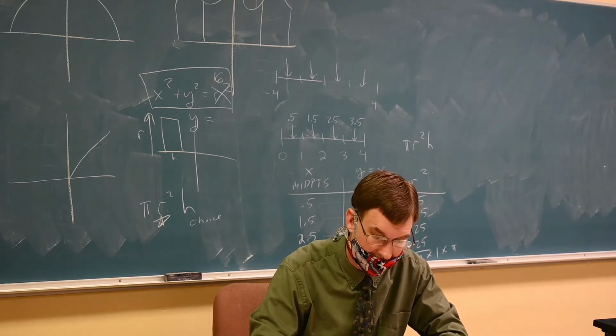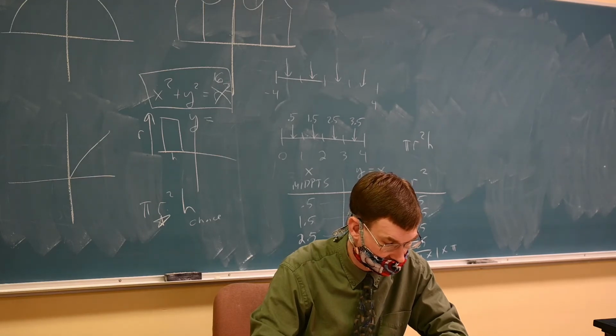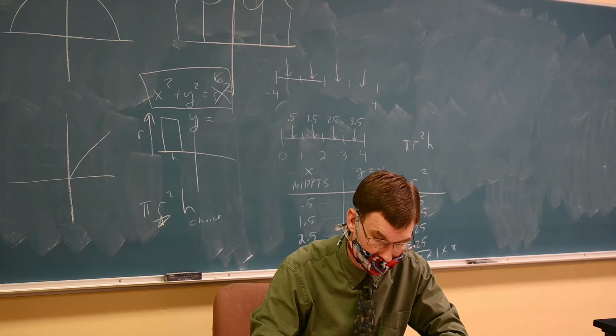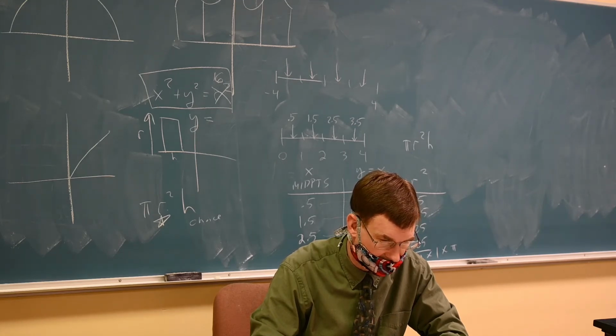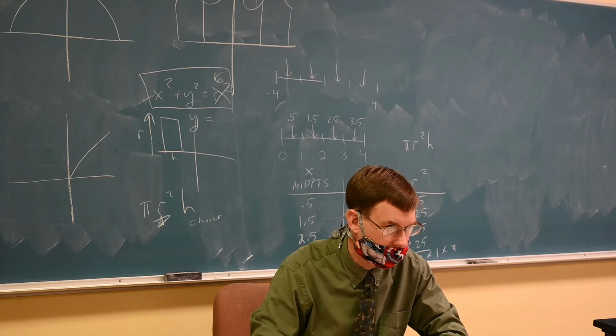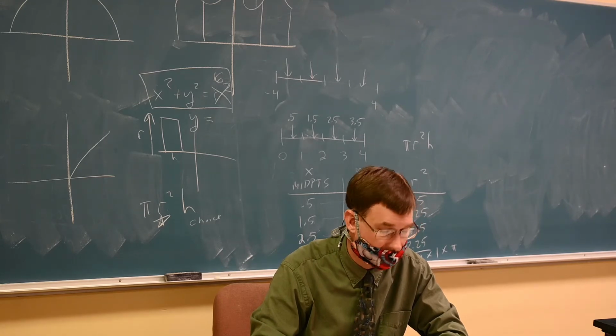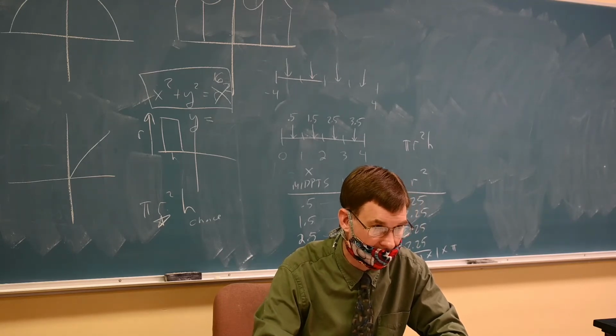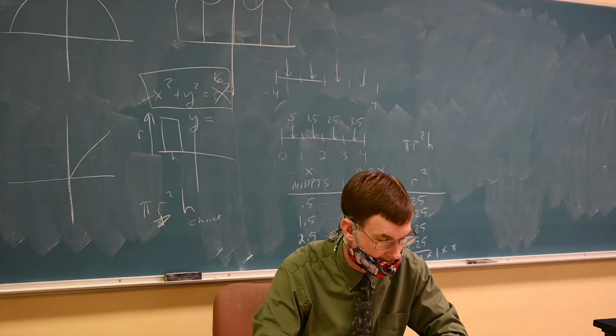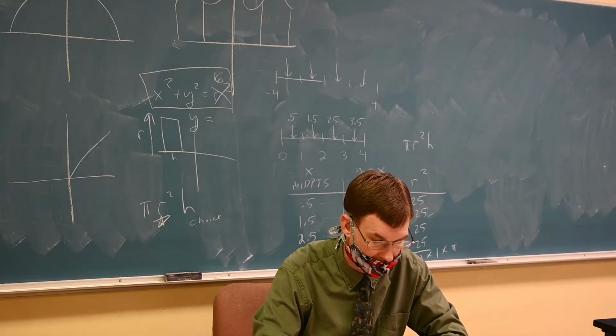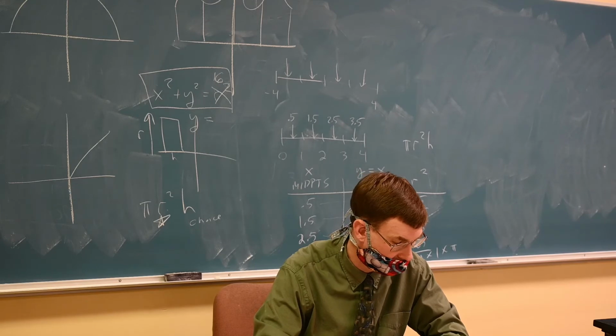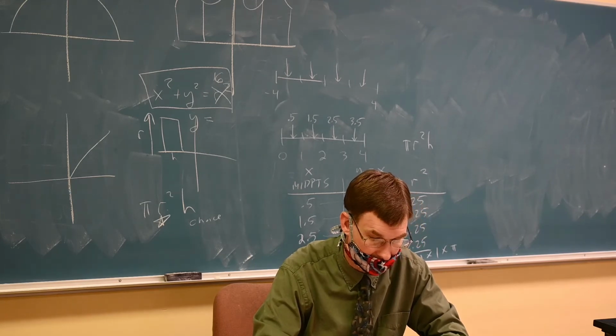It'd be the root of 15 for the -1 and +1, we'd get root 15s. How about for the -3, +3? Root 7s. Agreed.